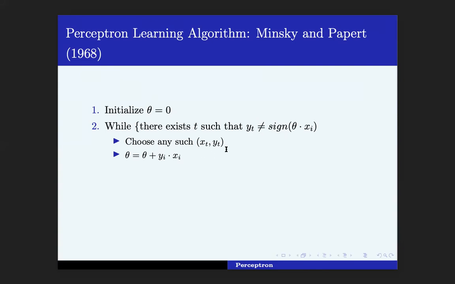Choose any such point (x_t, y_t), it doesn't matter, and you update it by adding this. x_t is a vector. You add x_t to theta, but you have to multiply x_t with y_t. That's it.